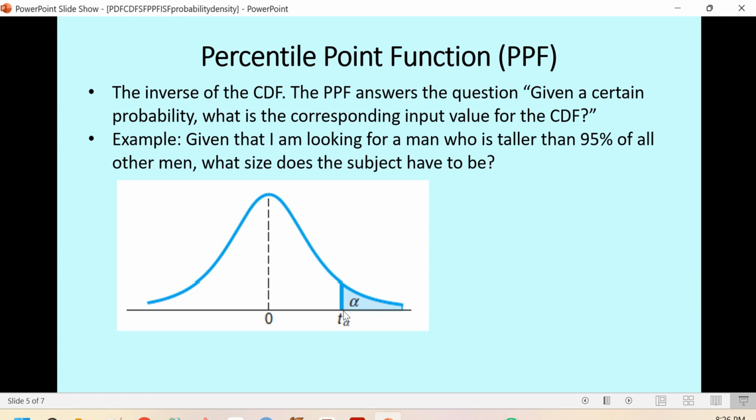So we want to find this value, such that 95% of the probability of all the values are less than this value. So 95% is the cumulative probability, and from this 95% probability, we want to find this value. Right? So this is the inverse operation of CDF.